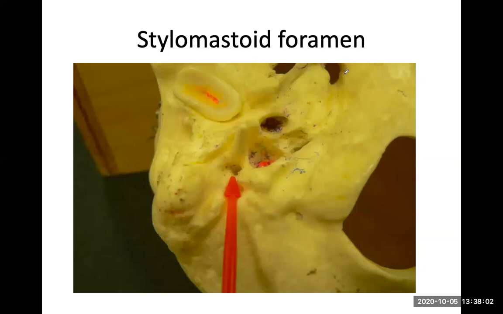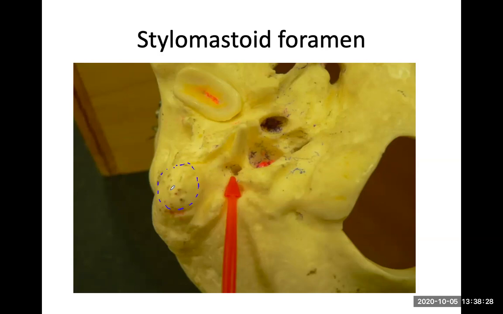Now, if I turn the skull around, so I'm looking from underneath the skull, it might be hard to visualize, but this is the mastoid process, that little bulgy bone on the side of your skull. If you go right behind your ear and touch, you can feel this round bone right behind your ear. That's your mastoid process.